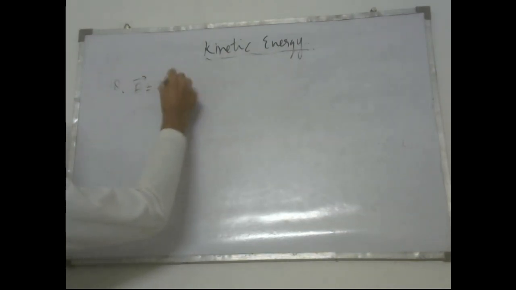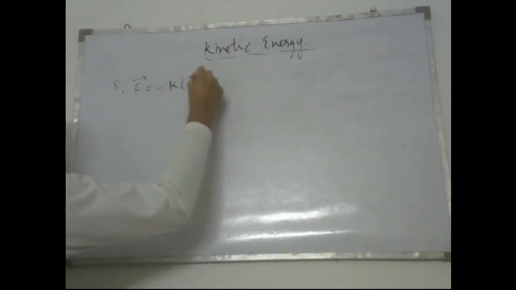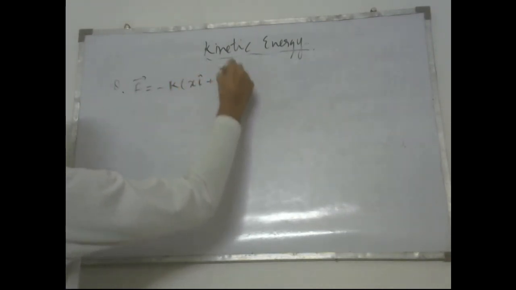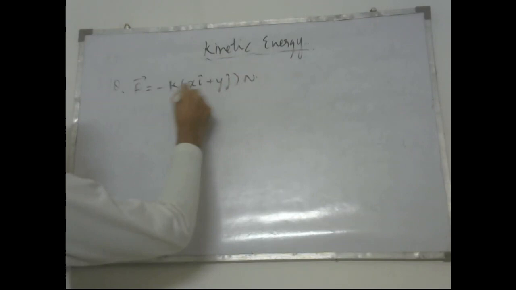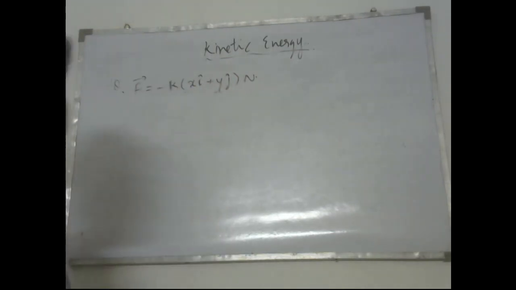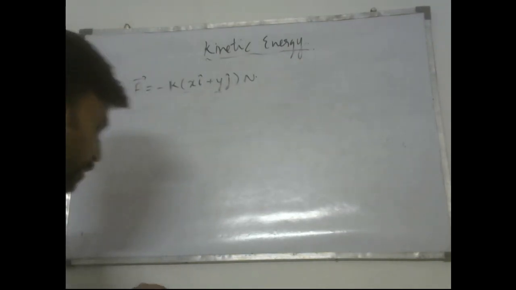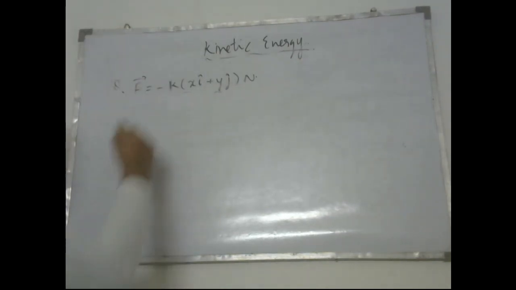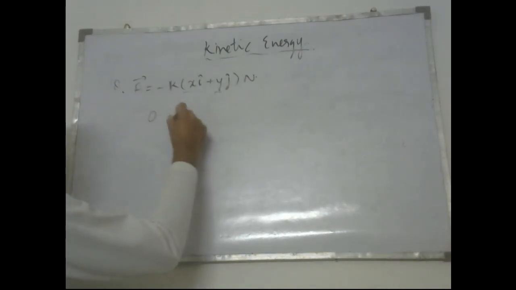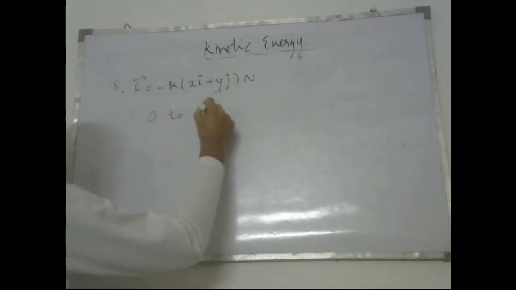The force is minus k times xi plus yj cap. So that means the force depends upon both x and y, and it is acting on the particle in 2 dimensions. Next, the particle is going from the origin to A, A.